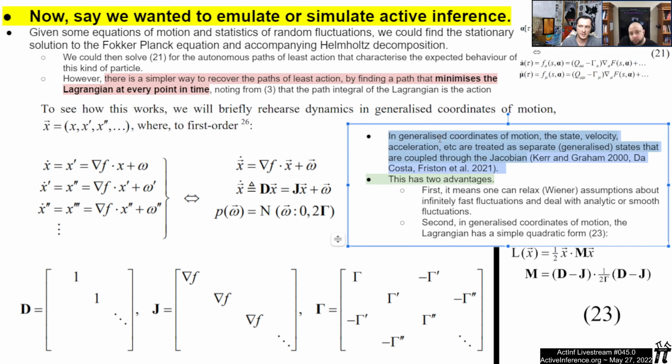In the generalized coordinates of motion, state, velocity, acceleration, and so on are treated as separate generalized states that are coupled through the Jacobian. So if the first and the second are related to each other, and the second and the third and the fourth, there's a sparse coupling in that vector. This allows us to relax certain assumptions and gives a quadratic form.